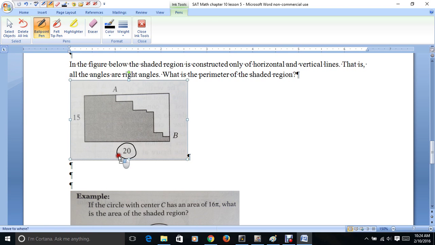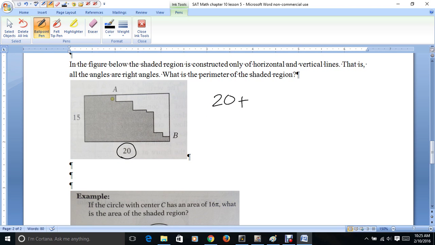Okay, so we've got 20 for the bottom part of it, and then we've got 15 going up. And then when we walk all these horizontal pieces all the way, we're going to have to walk all those horizontal parts, and that's all going to add up to 20.